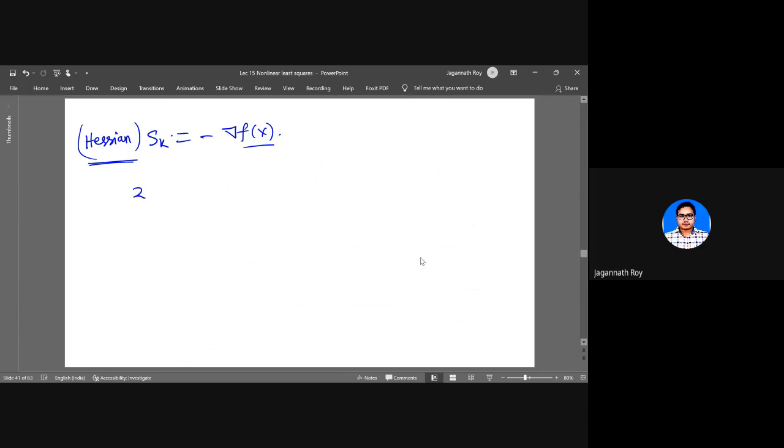So this is 2 times the Jacobian transpose Jacobian of x plus t, into s_k, and this is the gradient we have seen, negative 2 times the Jacobian transpose into f of x. So this 2 and these 2 get cancelled.